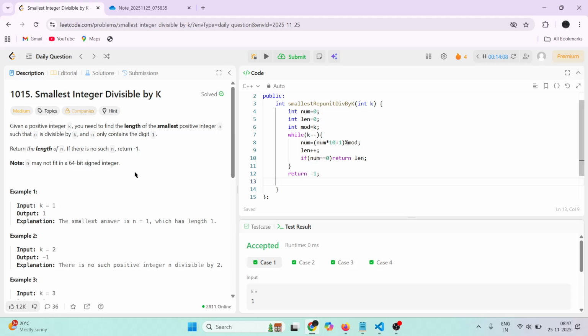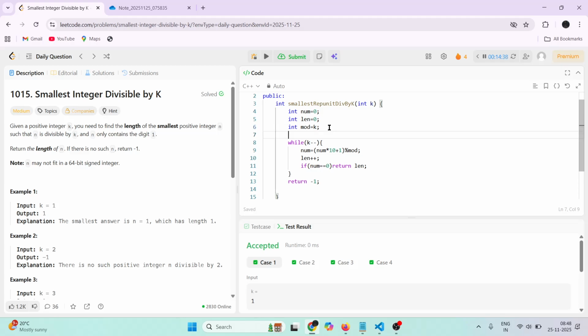If k is 2, then 1, 1, 1, 1 has unit digit 1, so it is neither divisible by 2 nor 5. Why not 2? Because for divisibility by 2 the unit digit can't be 1, and for 5 it should be either 0 or 5.